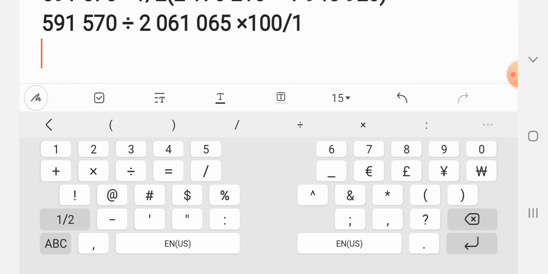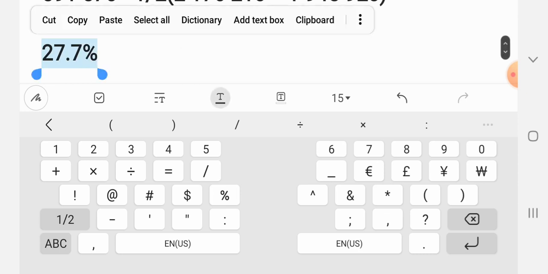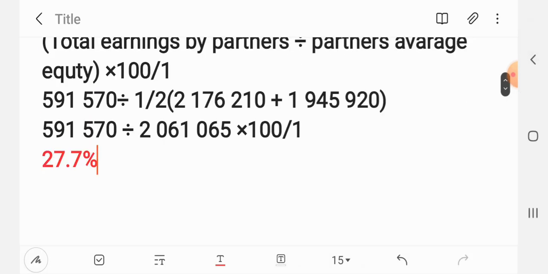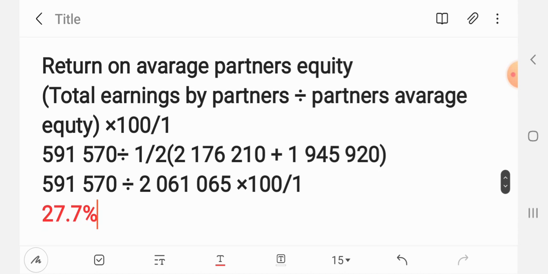That is where we will get 27.7%. So this is the final answer. This is the final answer for return on average partners equity.